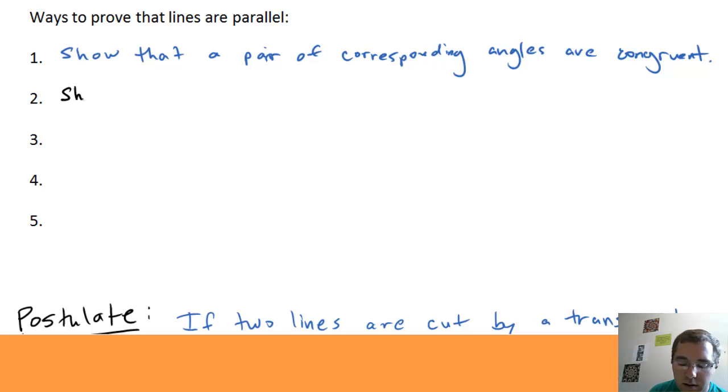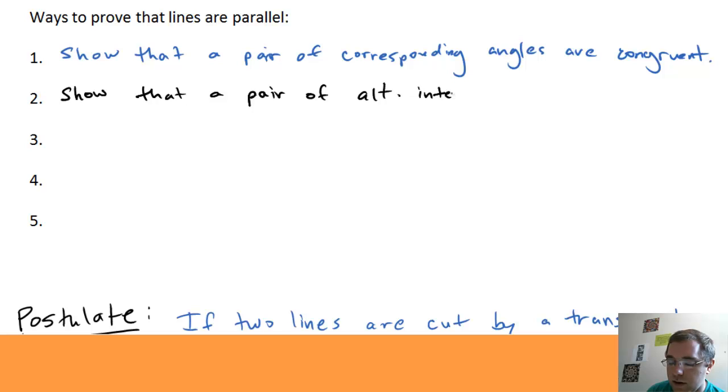Show that a pair of alternate interior angles are congruent.